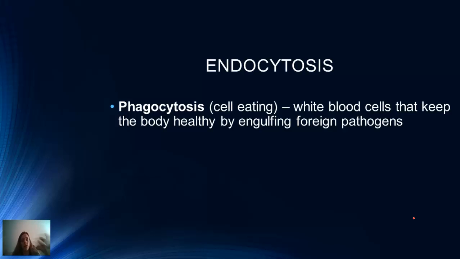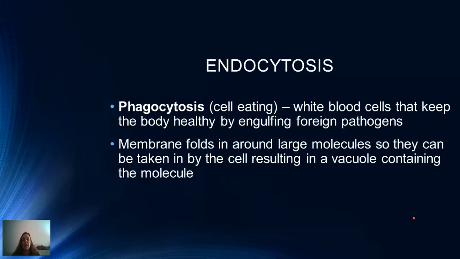So if my hand is a germ, this would be the white blood cell that comes along and engulfs it. And it does that by the white blood cell's membrane folding around the large molecule or the germ so that they can be taken in by the white blood cell, which results in a vacuole.